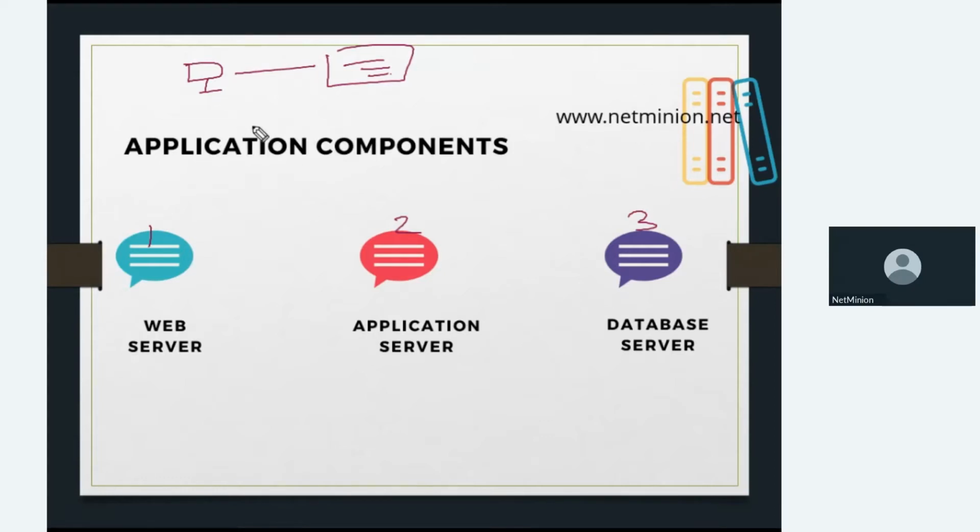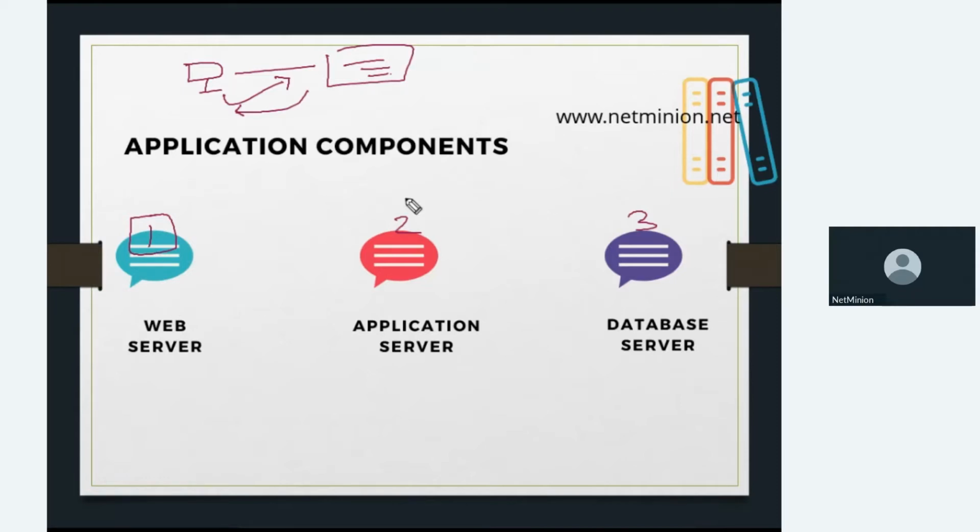If it is a static page, it is fulfilled by your web server only. So the web server is the server that accepts and fulfills the request from the clients for static content. Static content like your HTML pages, images, files, videos, which you put over the website, and the website handles that data and sends it back to the client.